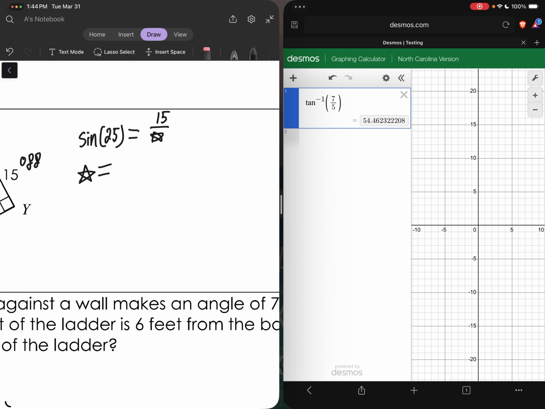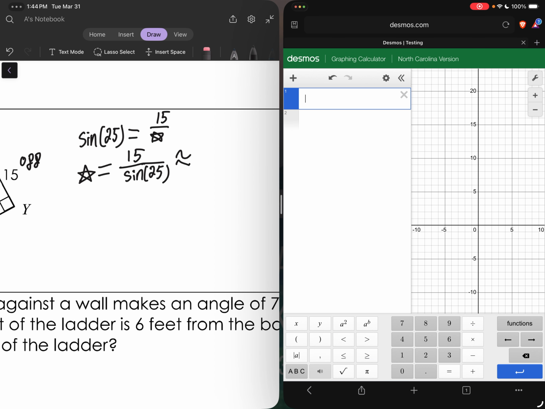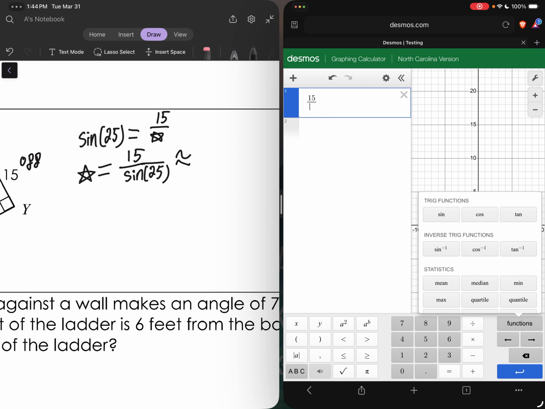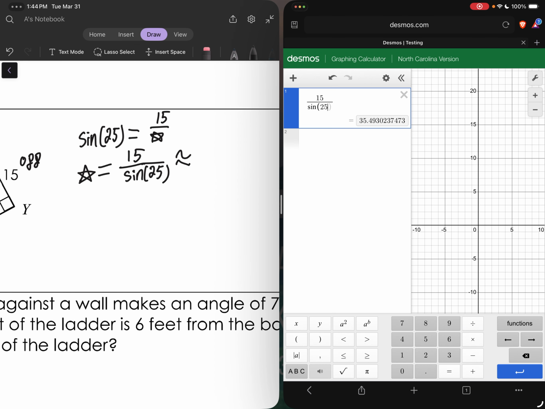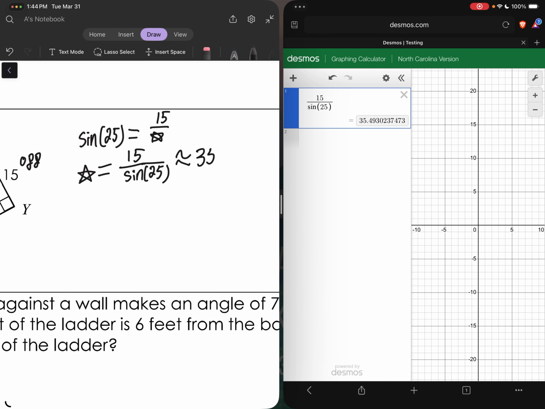Star is equal to 15 over sine 25, which is 35.5 approximately. Because I'm going to be using this measurement, I'm going to go out to 3 decimal places, so 35.493. That should give me a very close answer to what it actually is.